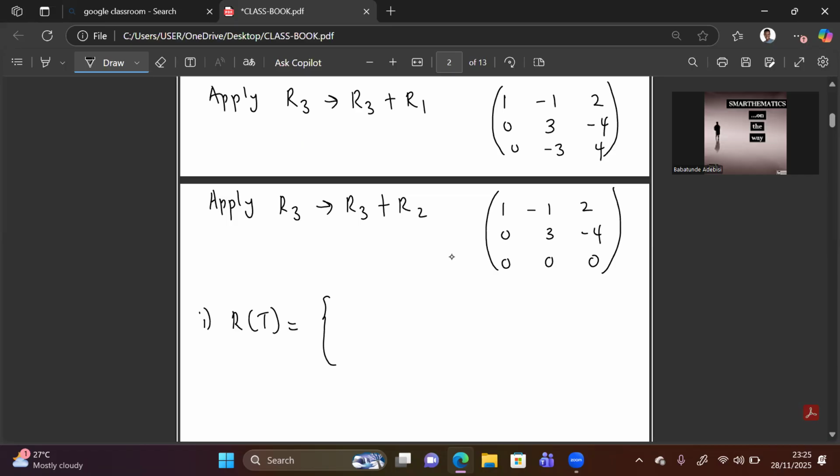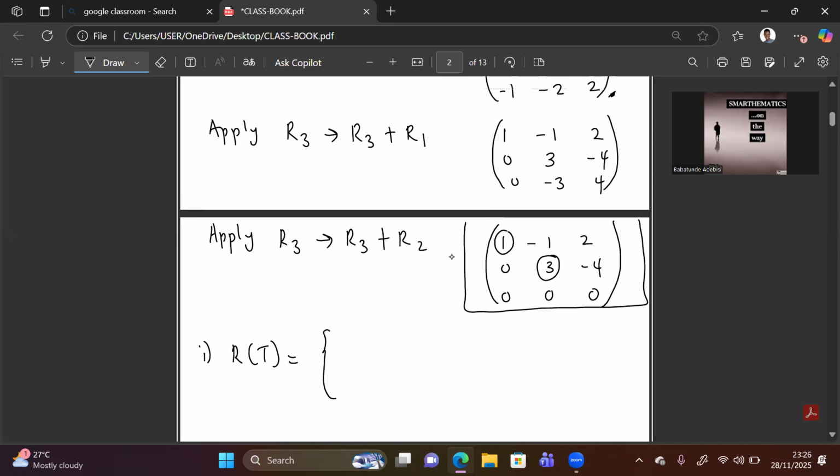Using our echelon form, we'll see that the leading entries here are 1 and 3. For the last row, they are all zeros, so we don't have any leading entry there. First row 1, second row 3, third row all zeros. So we have 2, 1 and 3.